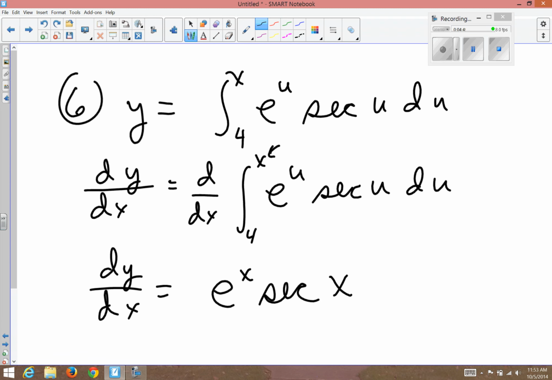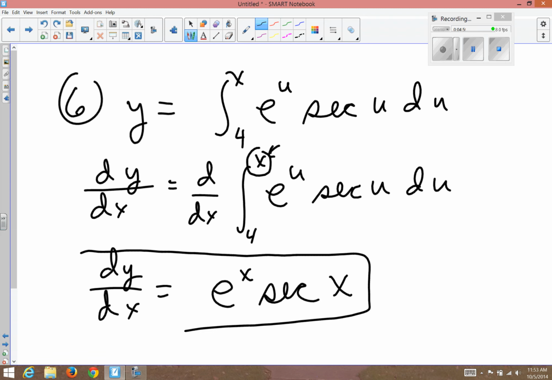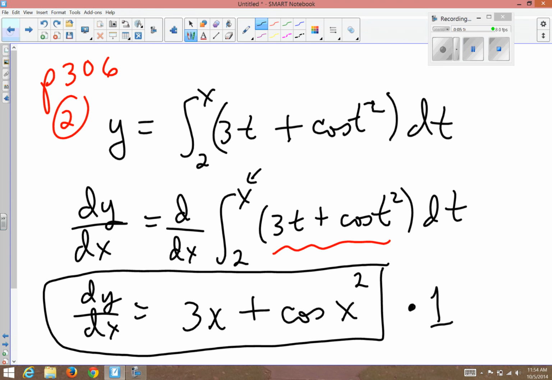We do multiply by the derivative of that also, for the chain rule. So it's all of this that's written here times 1. And in this theorem, this constant is irrelevant. Any constant plays no part in the answer. Just like in the last one, that was a 2, it had nothing to do with the answer. Even if that was a 12, same answer.